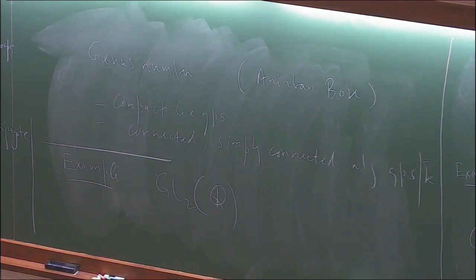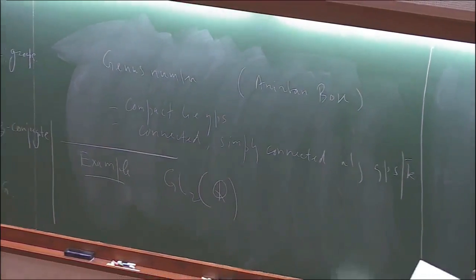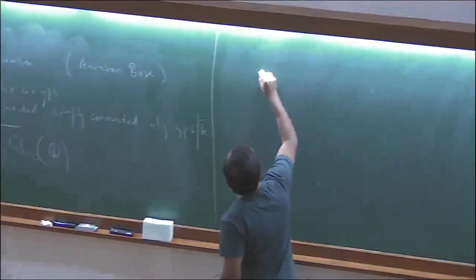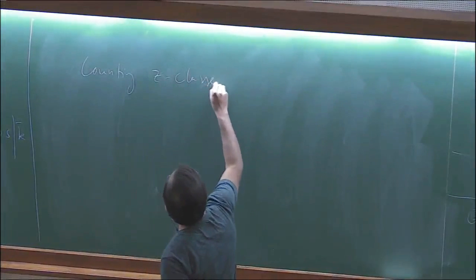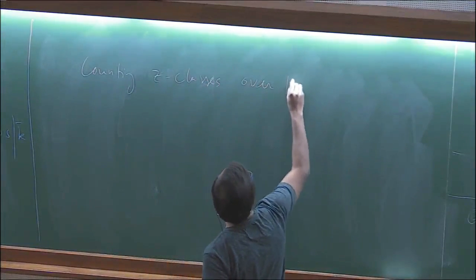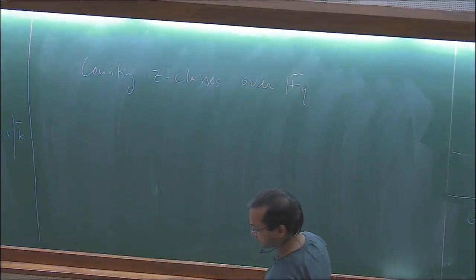Okay, I still have 17 minutes. So let me write down some counting results that we have got, and then I'll come back to give you a bit of a sketch of the proof. Here are some counting results for finite fields.